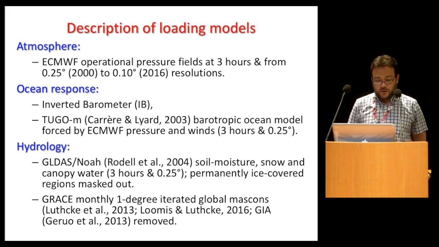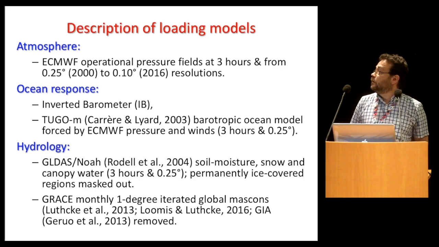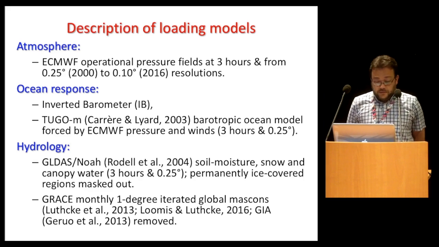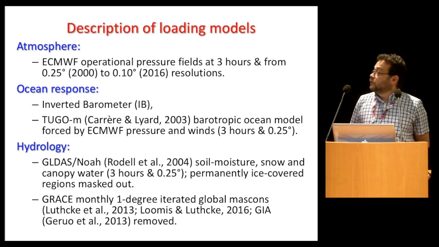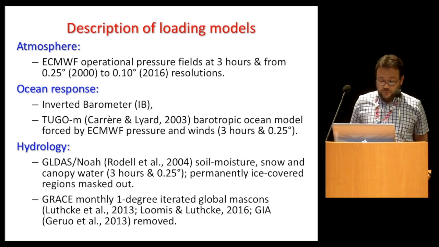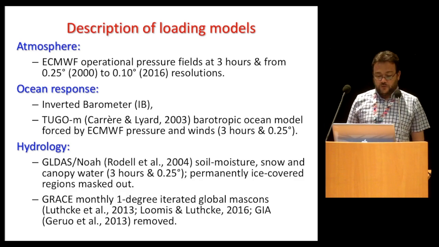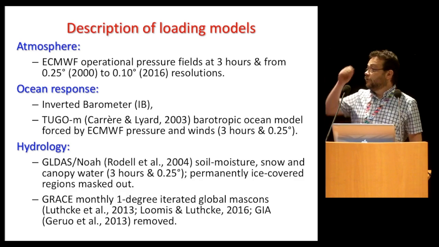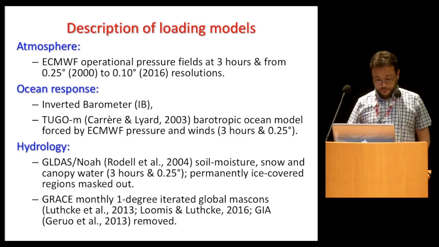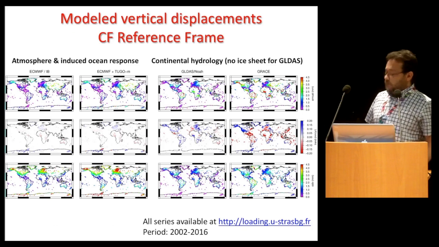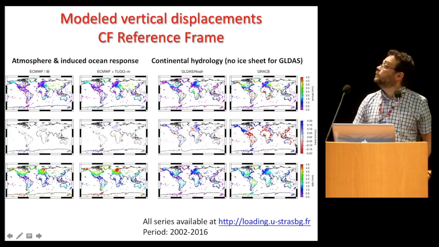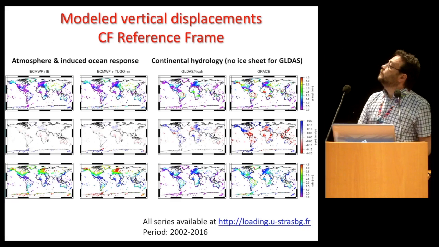One is a pure model, the GLDAS NOAH model. And I also use GRACE, a different solution, the solution from the Goddard people. And degree 1 is added back following the Swenson et al. method.